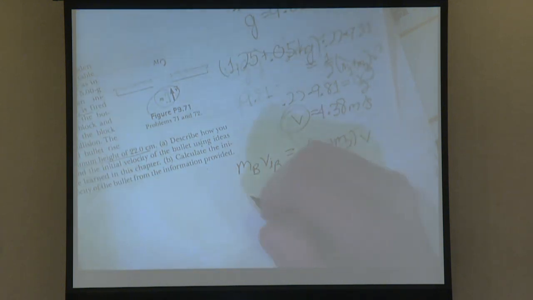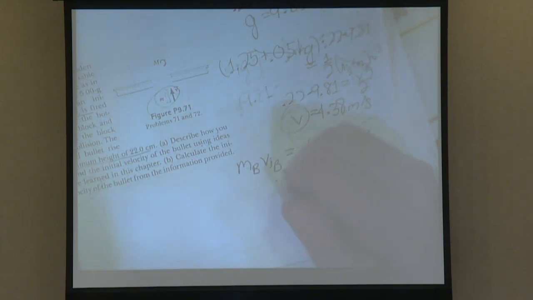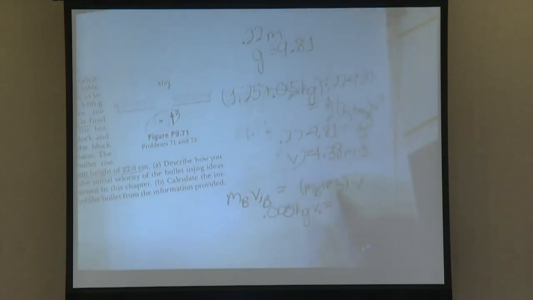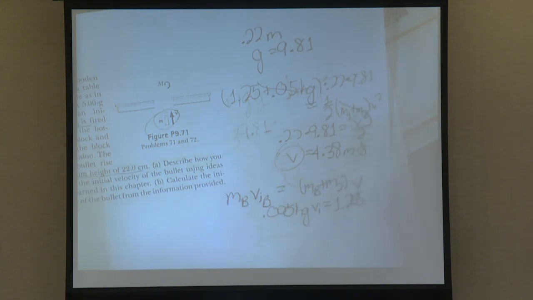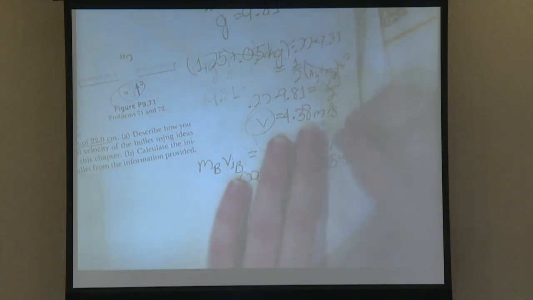So the mass of the bullet is 0.005 kilograms times VI, and then the combined mass of the bullet and the block is going to be 1.25 plus the 0.005 kilograms. That is multiplied by this velocity, because your momentum is conserved.